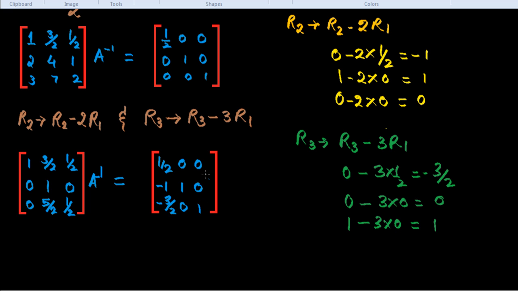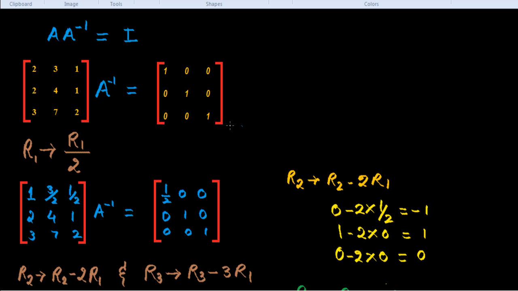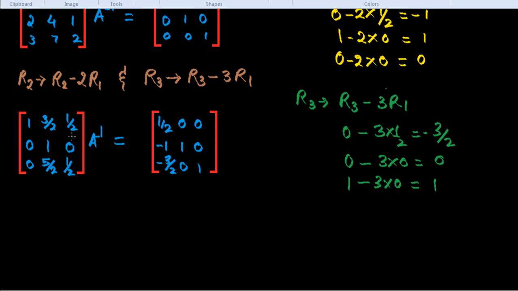Here on the right side, now we have to make the second column as per the identity matrix, which is 0 1 0. It is 1 already, so we don't have to transform this element. We have to convert this 3 by 2 and 5 by 2 into 0.